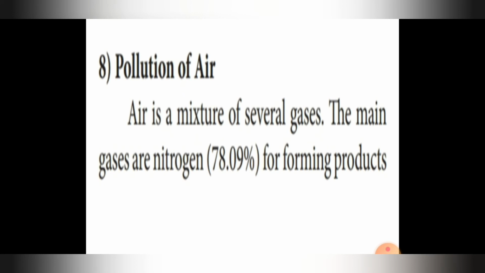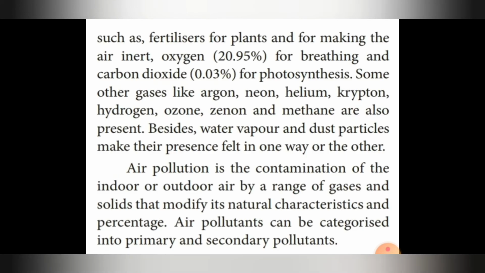Eighth one is pollution of air. Air is a mixture of several gases. The main gases are nitrogen, that is 78.09%, for forming products such as fertilizers for plants and for making the air inert. Oxygen, 20.95%, for breathing, and carbon dioxide, 0.03%, for photosynthesis.